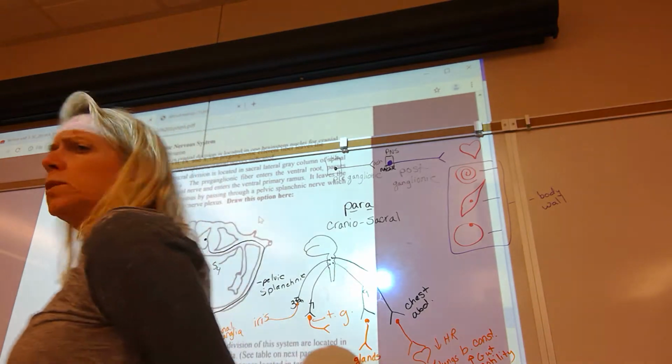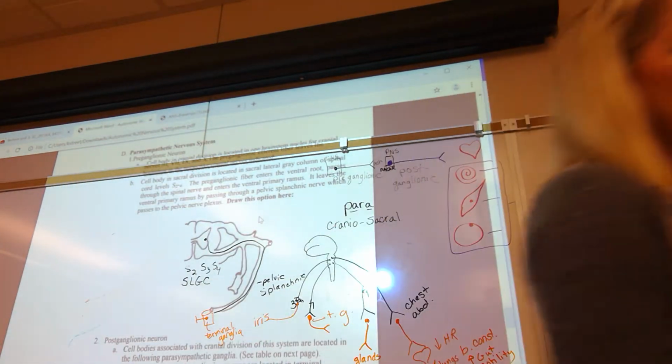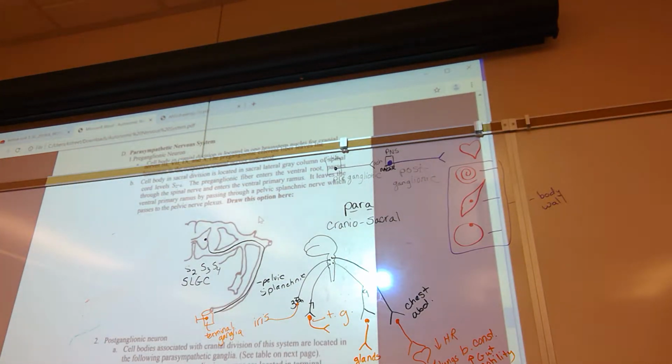We didn't call them terminal ganglia for the sympathetic division. We had very specific names for them. What were they? They were the ganglia of the sympathetic trunk, if you remember, or they were called paravertebral or collateral.